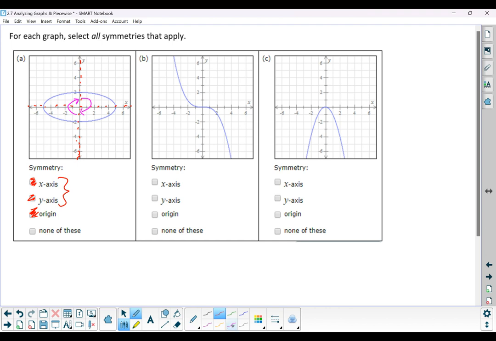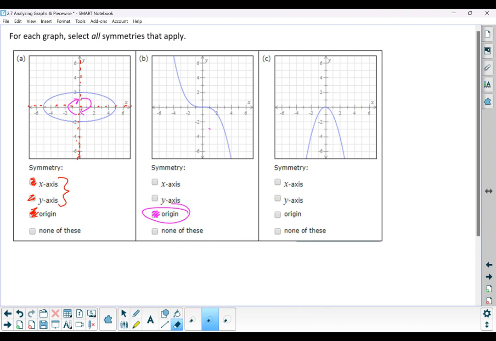Okay, the next one, you can see that it fails to be x-axis or y-axis symmetric, but if you rotated this thing 180 degrees, it would be the same graph, so it does have origin symmetry. And our last one, we can see that it does not have x-axis symmetry.